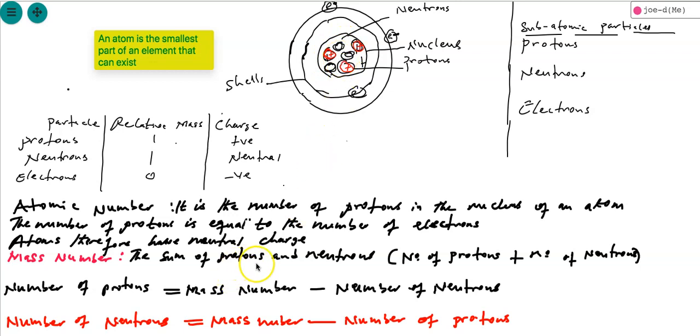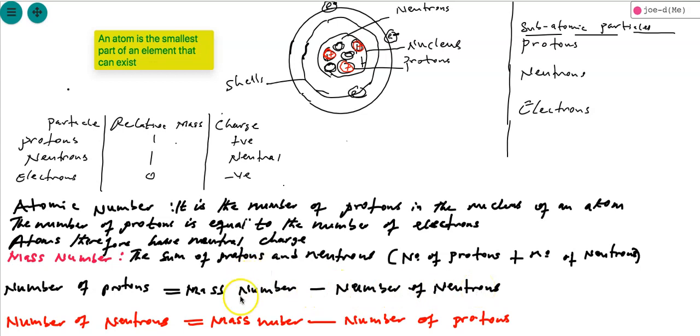Now, what that also means is that if we know the mass number and either the proton number or the neutron number, we can rearrange the equation and find the other subatomic particles. For example, the number of protons equals mass number minus number of neutrons.